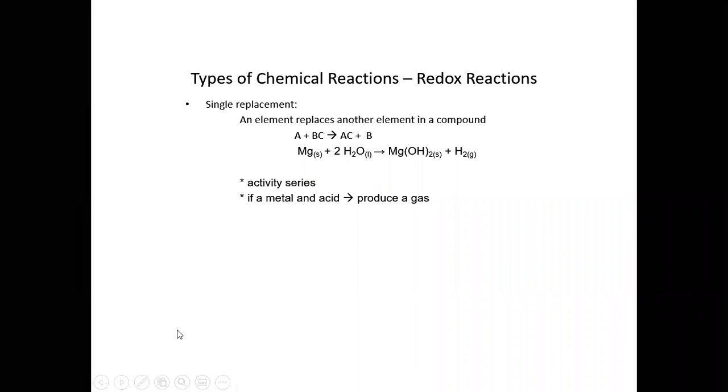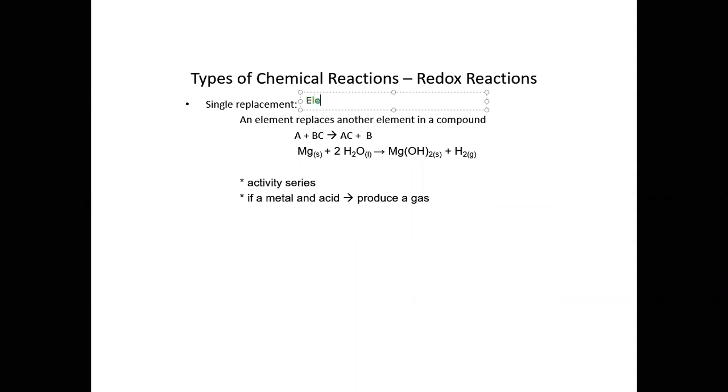So the last set of redox reactions we're going to discuss is single replacement. Here it's similar to double displacement, but the key difference is, for double displacement, you have two compounds as reactants and products.